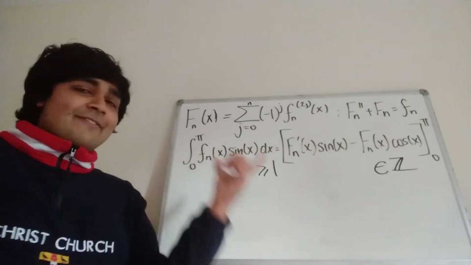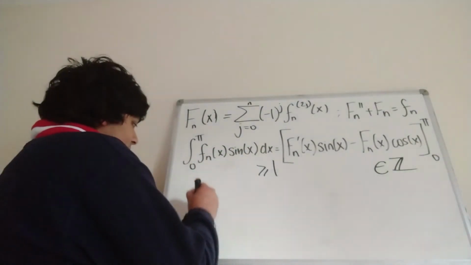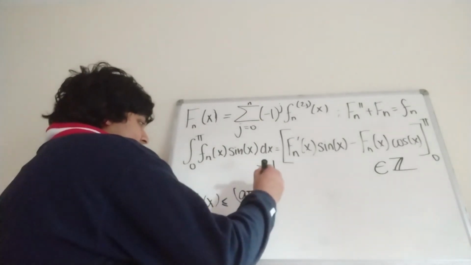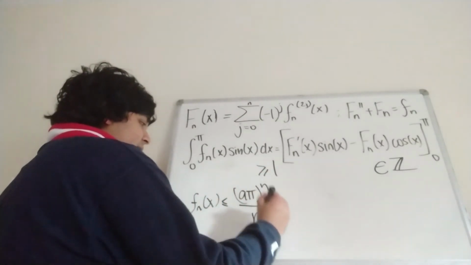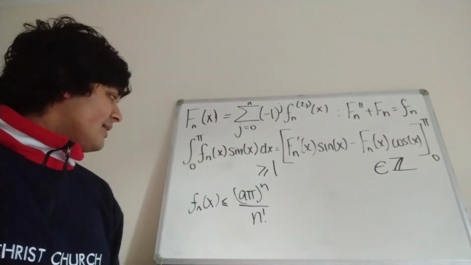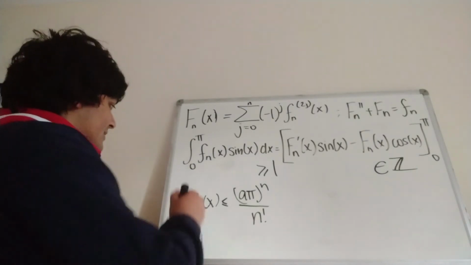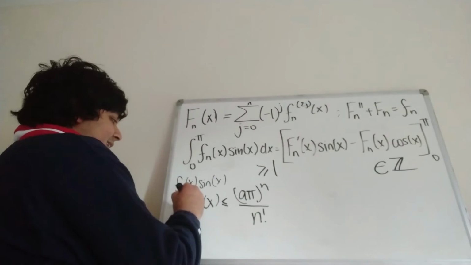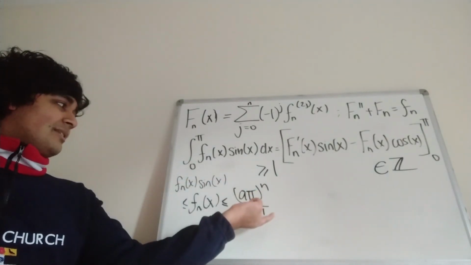But if we remember, fn of x is bounded from above by a pi to the n divided by n factorial. So in particular, sine of x in this region is less than or equal to 1. So we know that fn of x times sine of x is in fact going to be less than or equal to this guy, which we know is less than or equal to this guy.